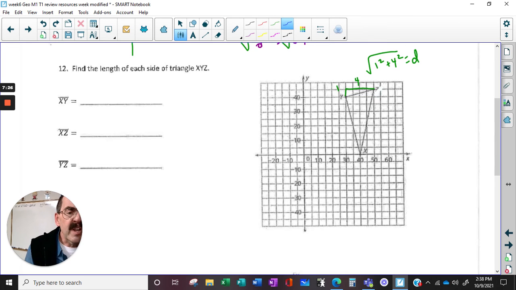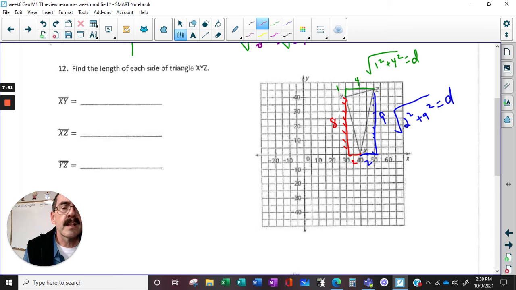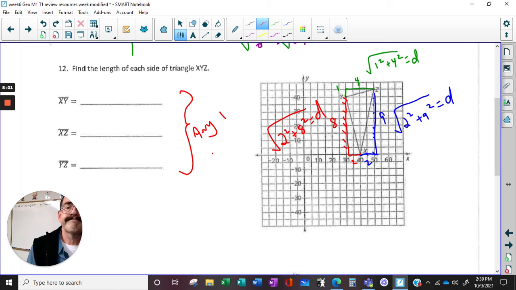Or you could do this one. 2, 1, 2, 3, 4, 5, 6, 7, 8, 9. 2 squared plus 9 squared equals D. Or we could come over here and check this one out, right? 2, 1, 2, 3, 4, 5, 6, 7, 8. 2 squared plus 8 squared. Okay, so just pick one of them. Any one.